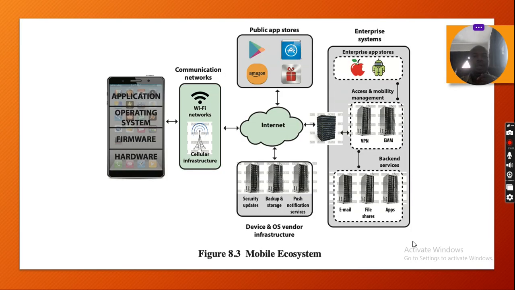Is that okay? Now let's take a look. Here is your mobile device, and here you have your communication network, your telecommunication, your cellular infrastructure, providing your Wi-Fi networks. With your Wi-Fi, your mobile phone will gain access to the internet, right?